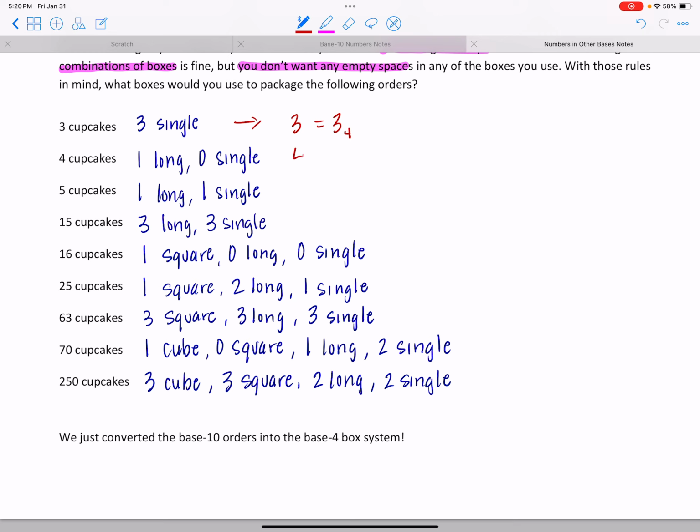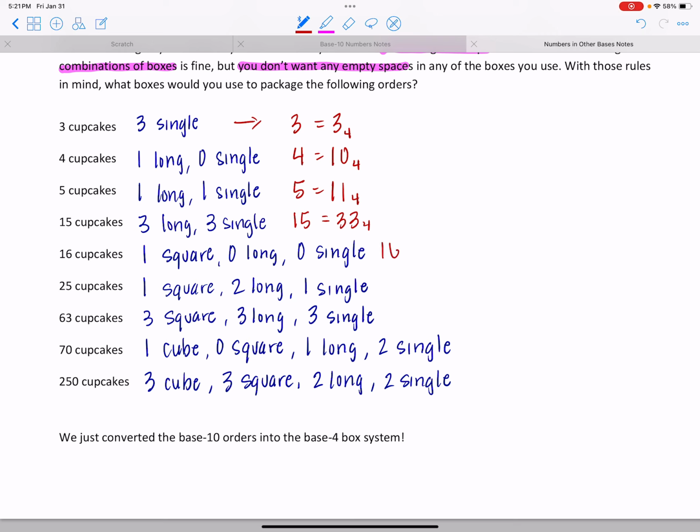Here we said 4 in base 10 is 1 and 0 in base 4. 1 long box, 0 singles. What we've said here is that 5 in base 10 is 1, 1 in base 4. Or 15 in base 10 is 3, 3 in base 4.